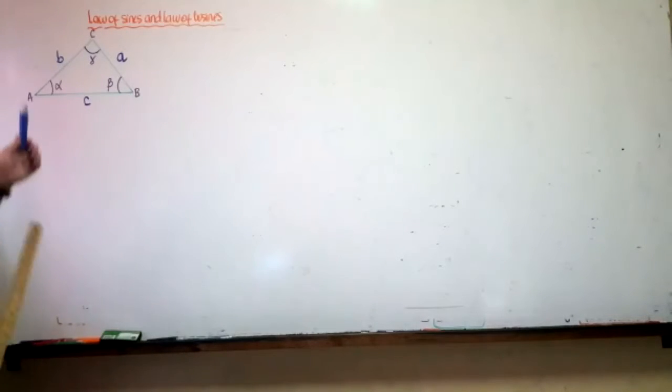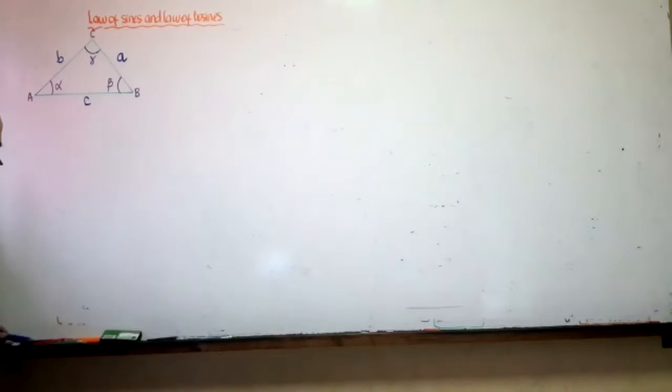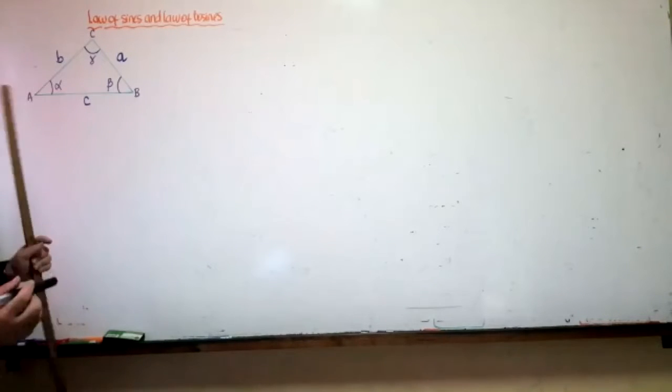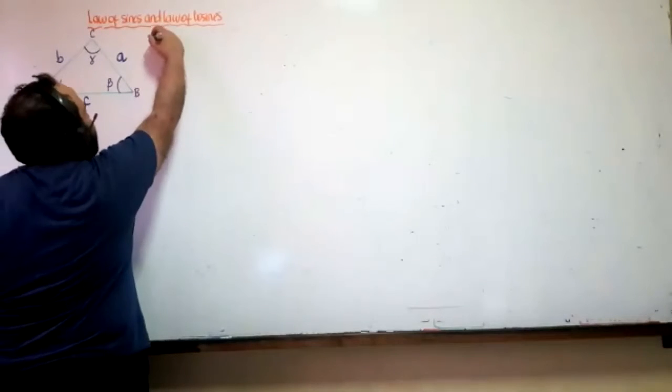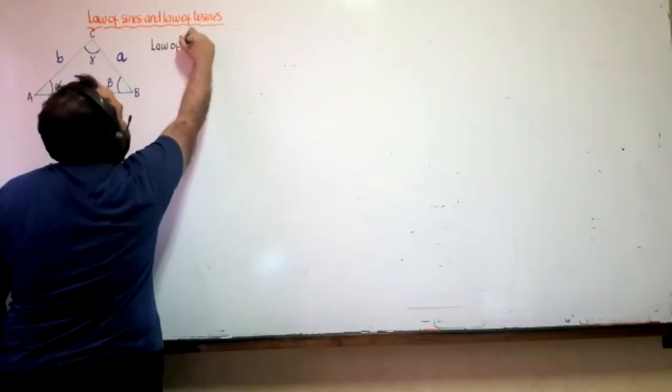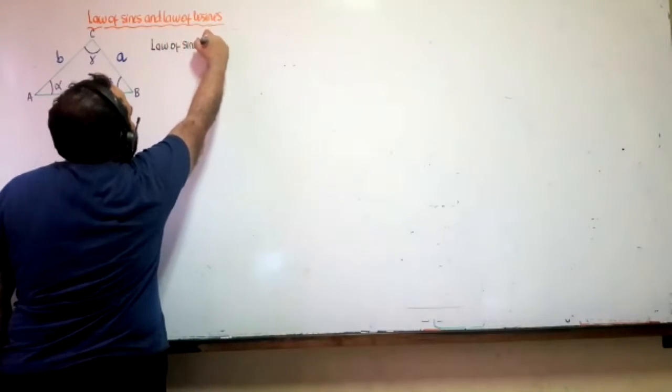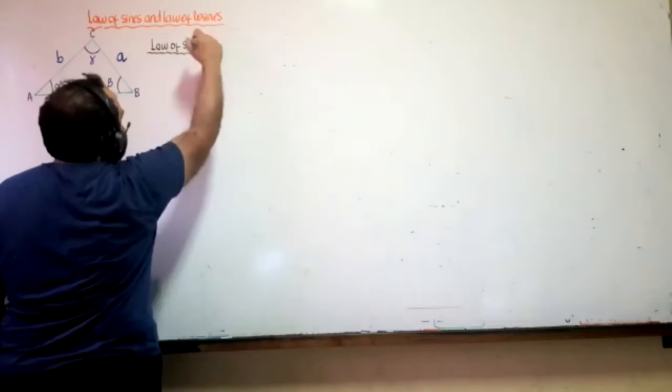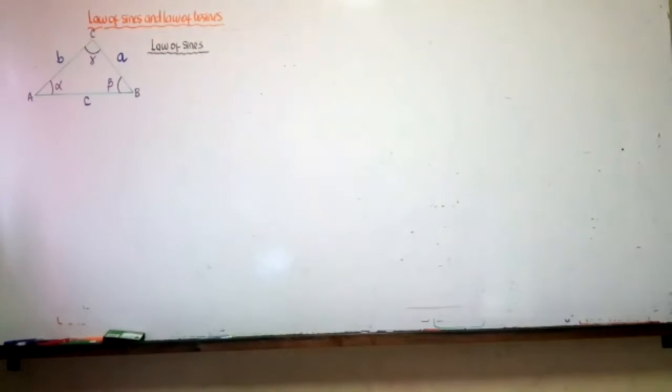This kind of triangle works for both situations, the law of sines and the law of cosines. But just as an introduction, in the law of sines we have two ways we can use this property.